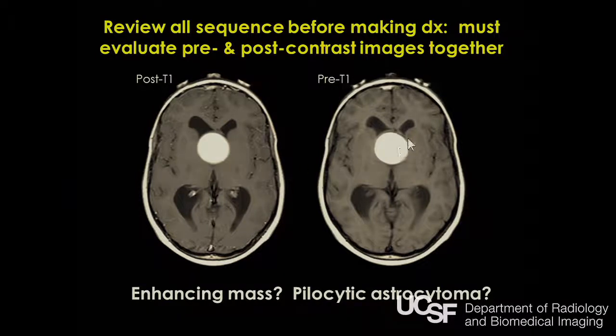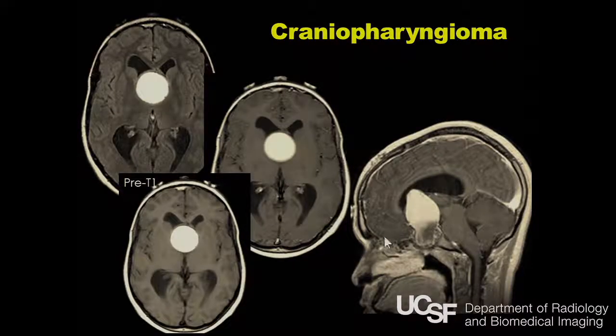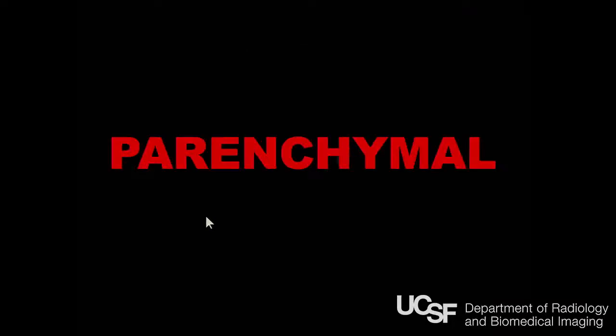The mass is likely cystic, containing either blood products or highly proteinaceous material. If you look at the sagittal view, this actually comes from the sellar/suprasellar region. This is an adamantinomatous craniopharyngioma, not a solidly enhancing pilocytic astrocytoma. So you must look at post-contrast imaging alongside the pre-contrast.